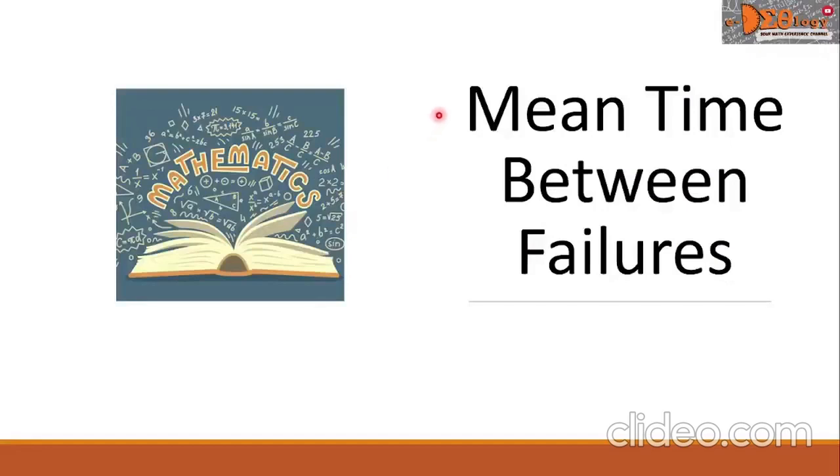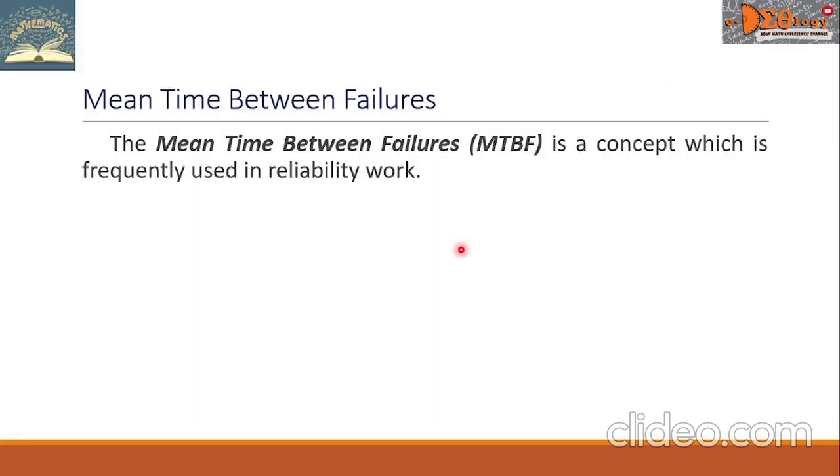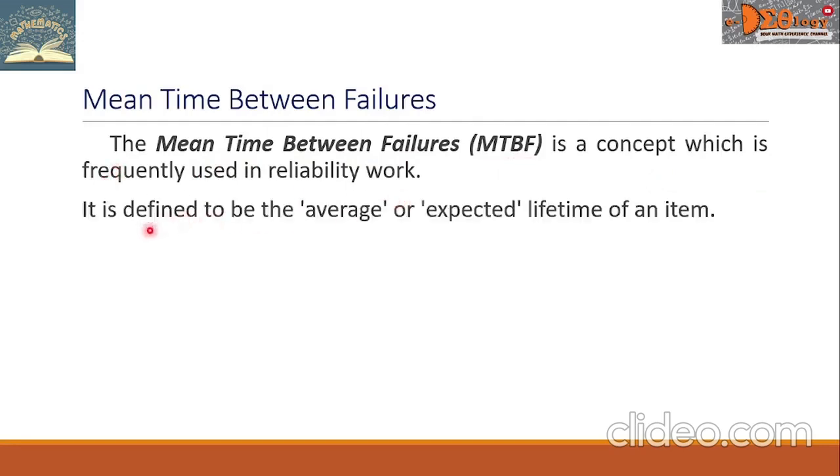Today, we're going to study mean time between failures. The mean time between failures, or MTBF, is a concept which is frequently used in reliability work. It is defined to be the average or expected lifetime of an item.